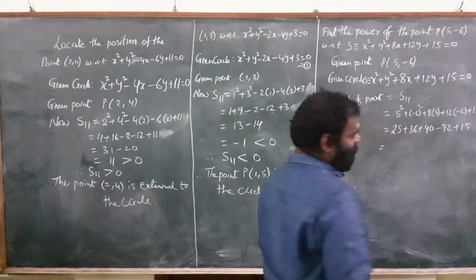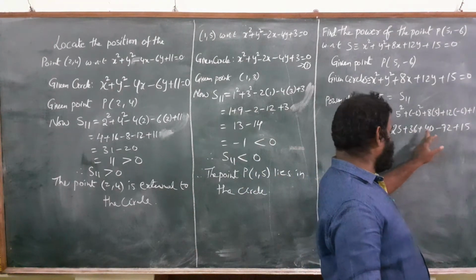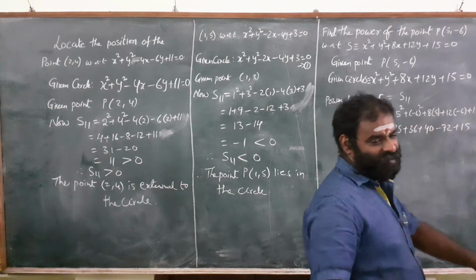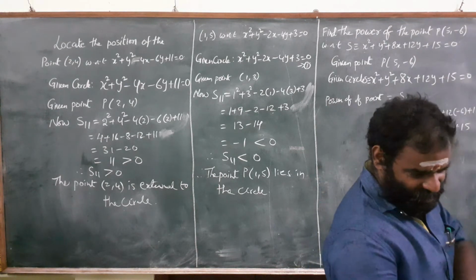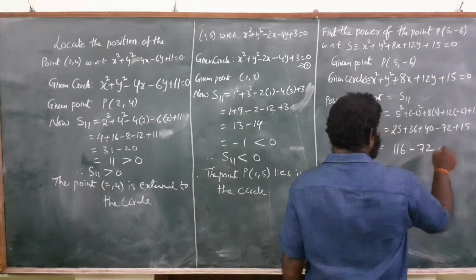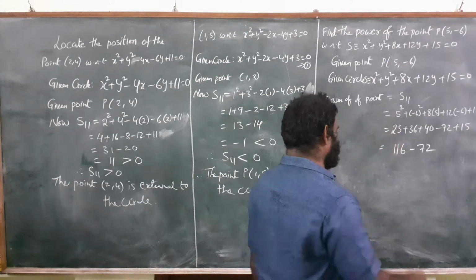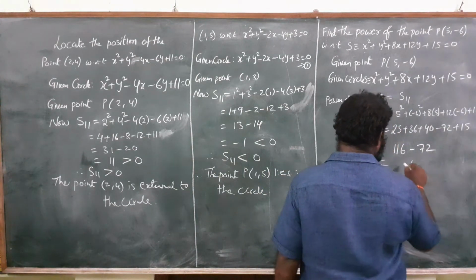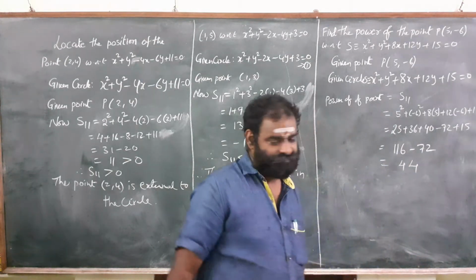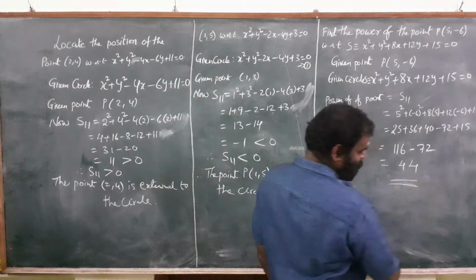So you have to add plus signs here. 25 plus 36 is 61, 61 plus 40 is 101, 101 plus 15 is 116. So it is nothing but 116 minus 72. You have to subtract these things. It is 44. So 44. This is the power of the point.